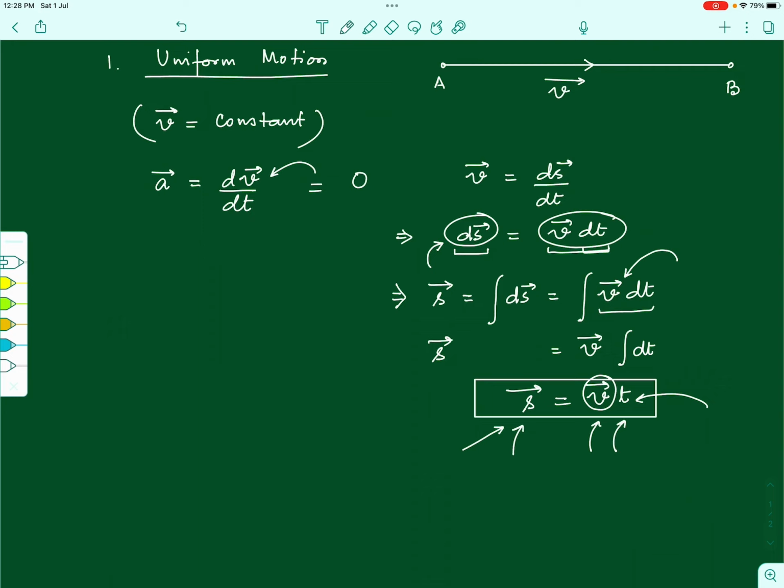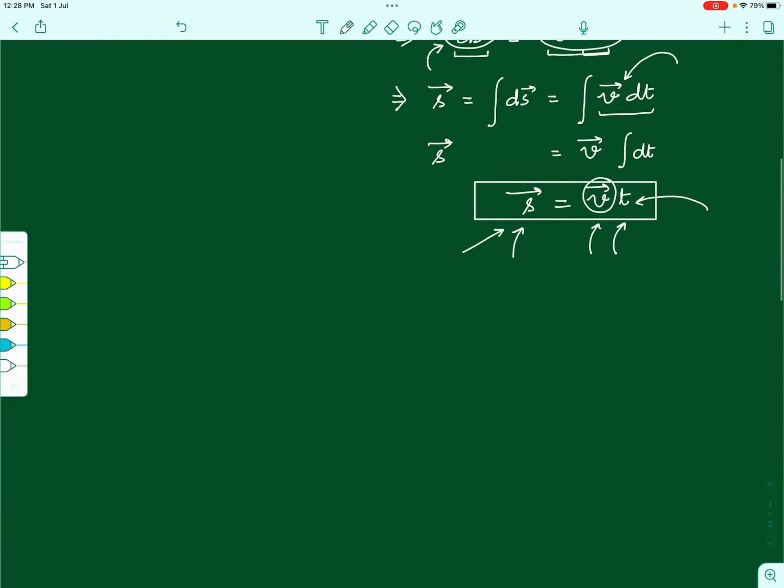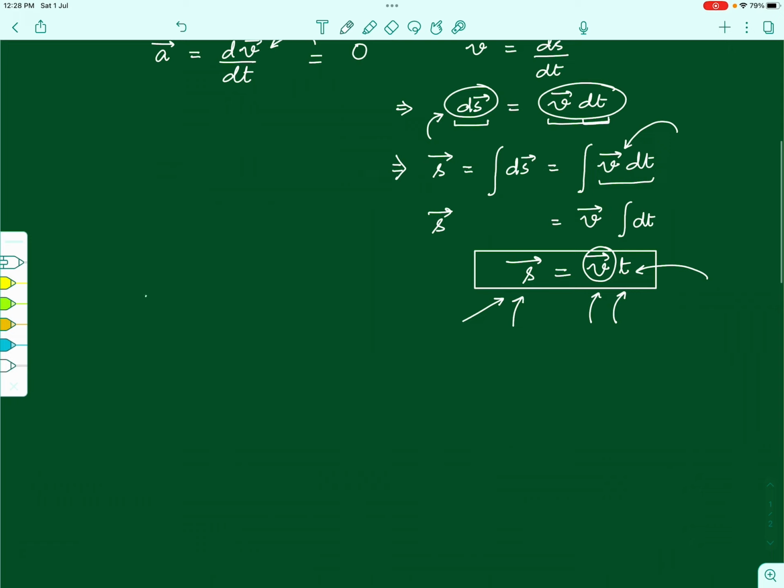Once we understand this, we can try drawing the graphs corresponding to various quantities as a function of time t. The standard graphs that we study in any motion are graphical representations; now we are discussing them for uniform motion.